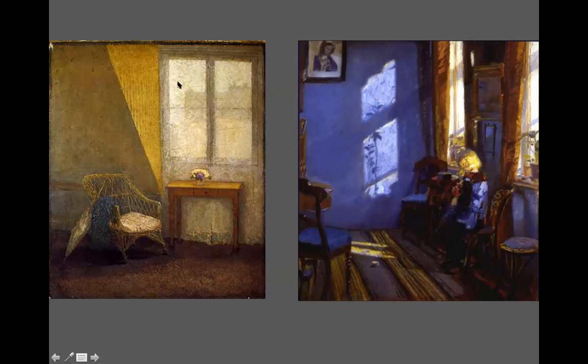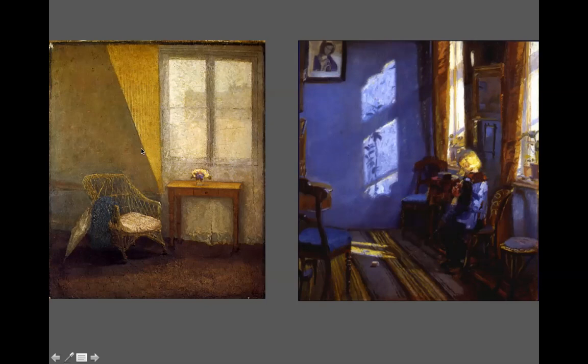This, as Lena said, looks like an overcast day. So it's diffuse daylight. It's not direct sunlight. Where this is an interior illuminated by direct sunlight. So it's a warm light source. You can tell that particularly because of the way that this child's hair is responding to that sunlight.